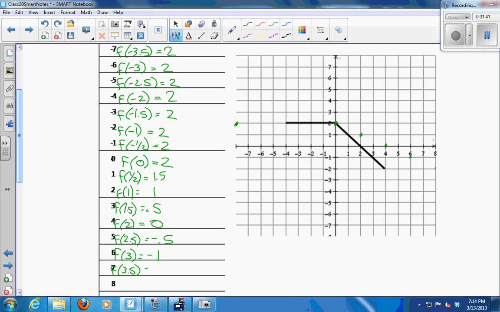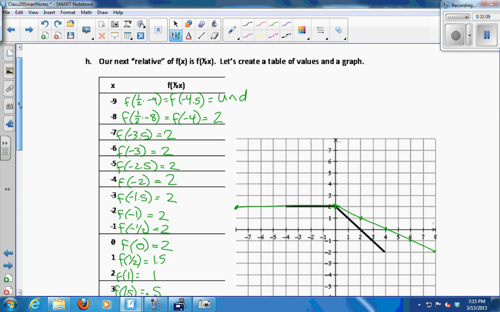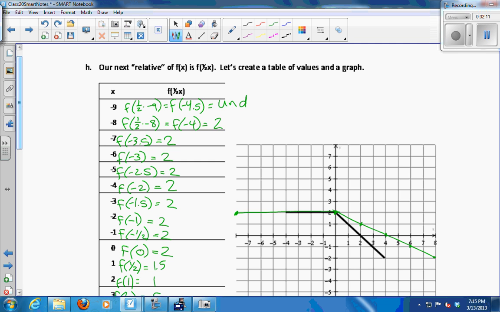I accidentally deleted it. So now my graph looks like this. So I took my original graph and I grabbed the two ends of it and pulled it horizontally, stretched it. And how much bigger is it than it was? It's twice as big. So I was multiplying x by a half, and my graph got twice as big.